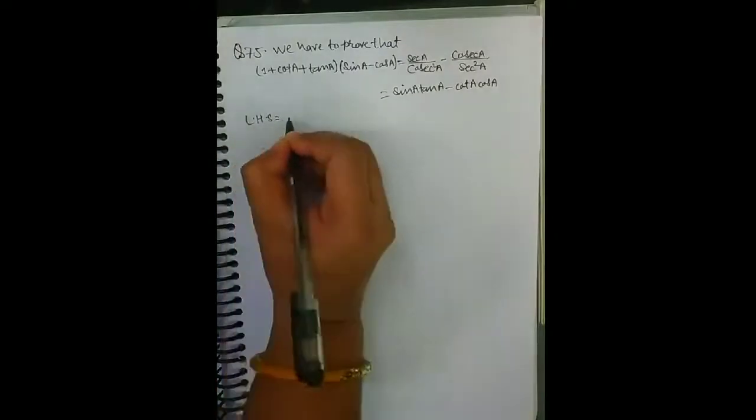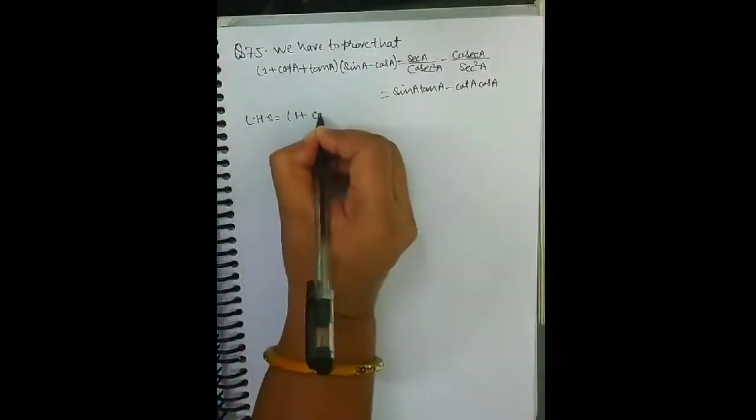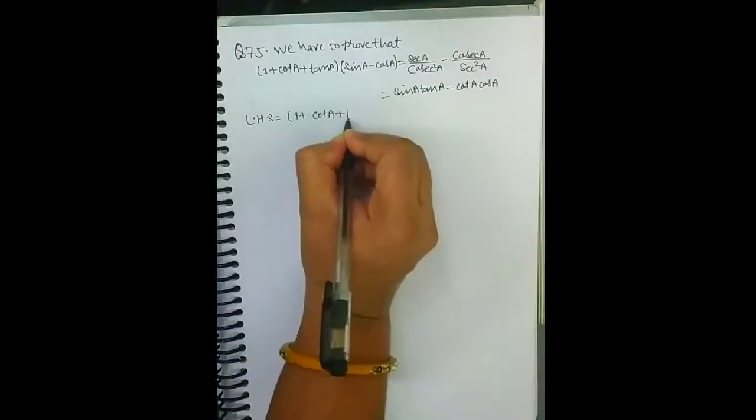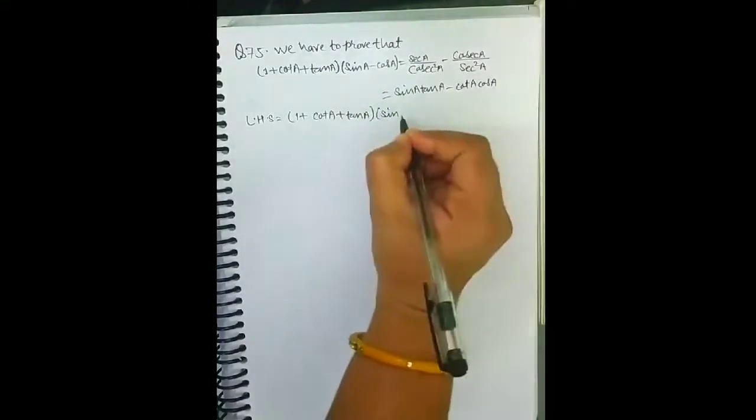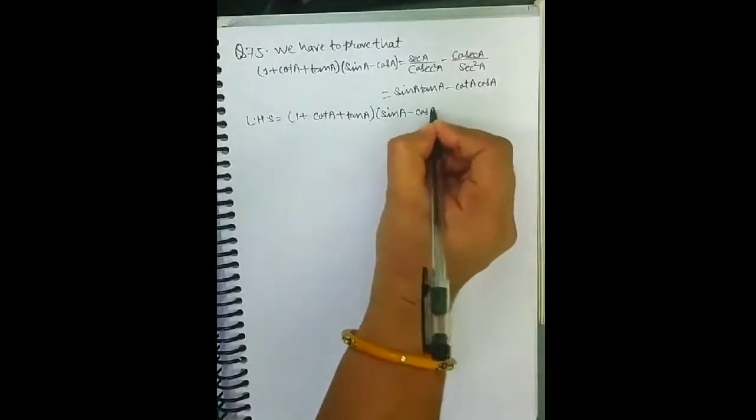We take LHS equal to (1 plus cot A plus tan A) into (sin A minus cos A).